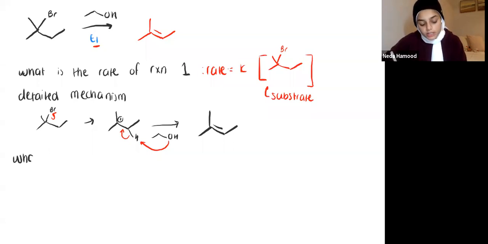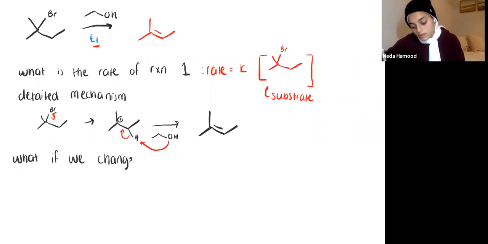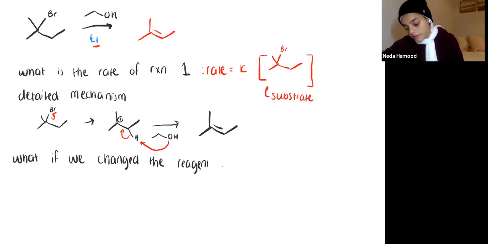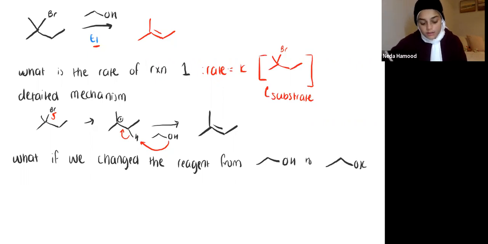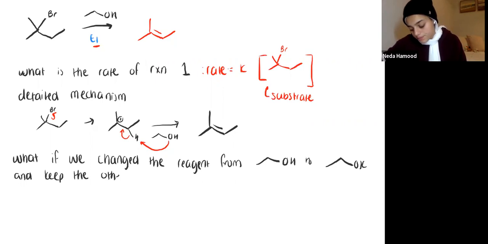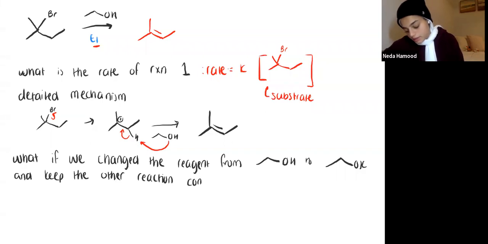It says, what if we changed the reagent from OH to OK, which is potassium, and kept the other reaction conditions? What will be the mechanism?